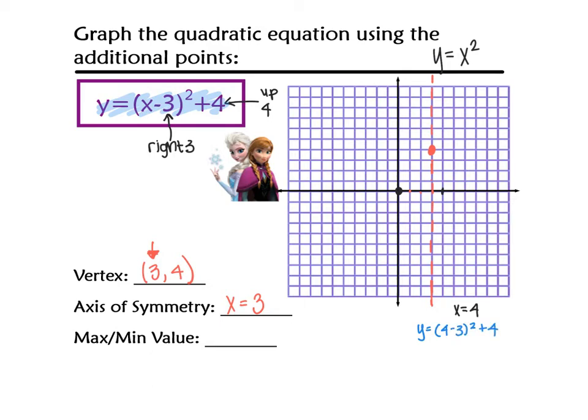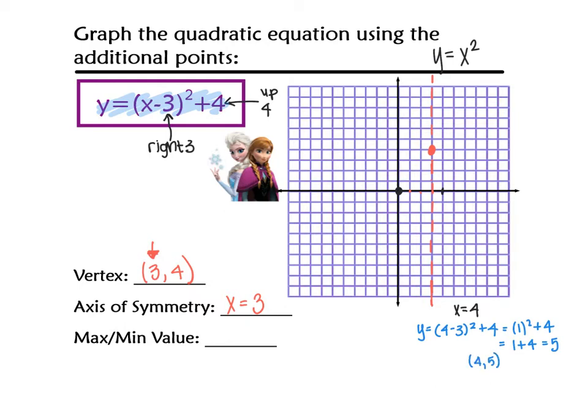You can either type it into a calculator exactly as is, or you can simplify by hand. 4 minus 3 is 1. 1 squared is 1. And 1 plus 4 is 5. Again, if you want to use a calculator, that's fine. But this next ordered pair would be 4, 5.